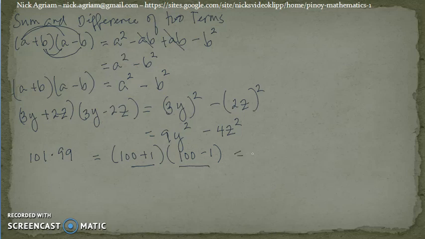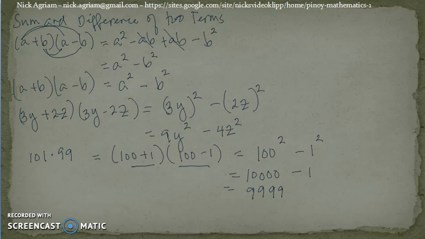Then you can follow what we have just discussed. You have 100 squared minus 1 squared, sorry. Then we have 10,000 minus 1, then we have 9,999.